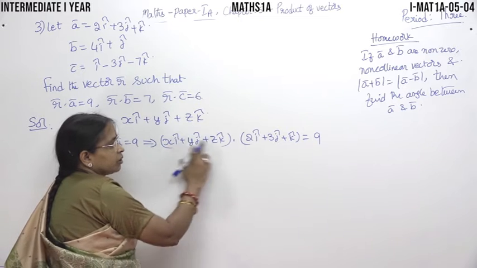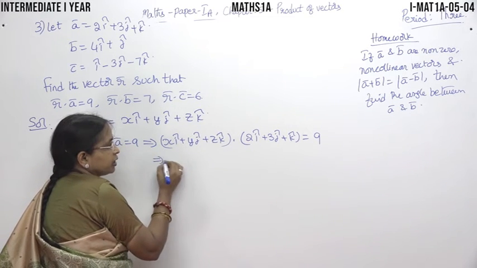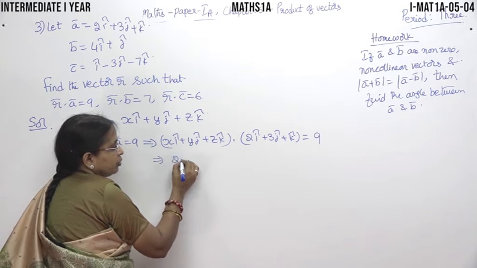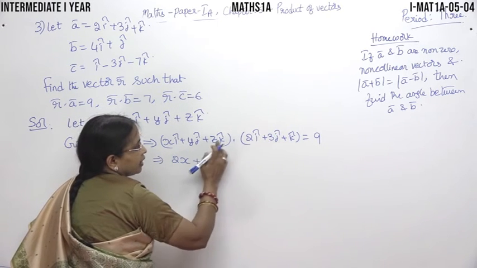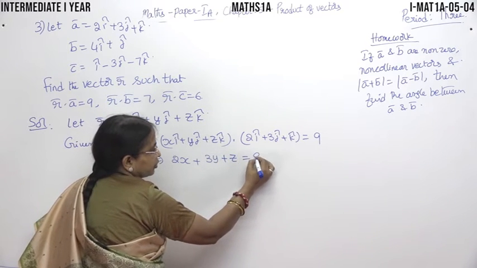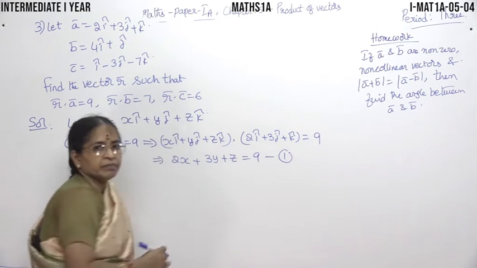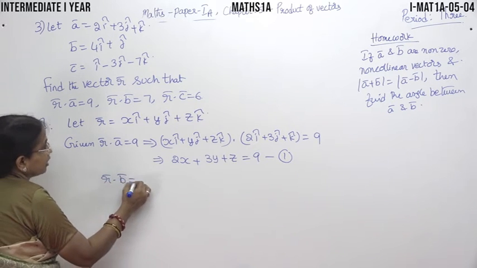So what is the dot product? Multiply the i coefficients. So that means 2x plus 3y plus 1 into z. Here it is 1, so z is equal to 9. This is one equation.